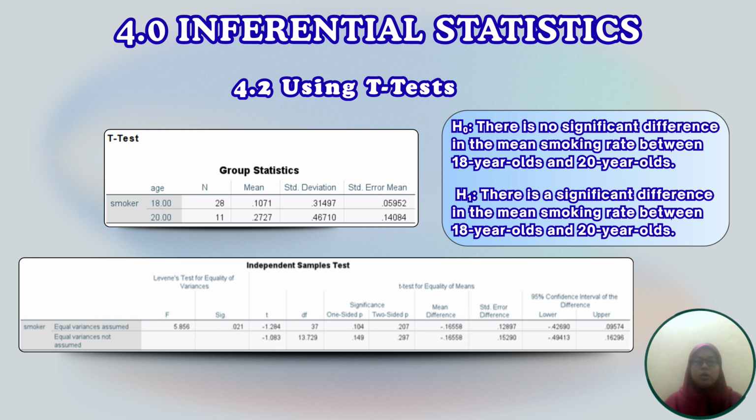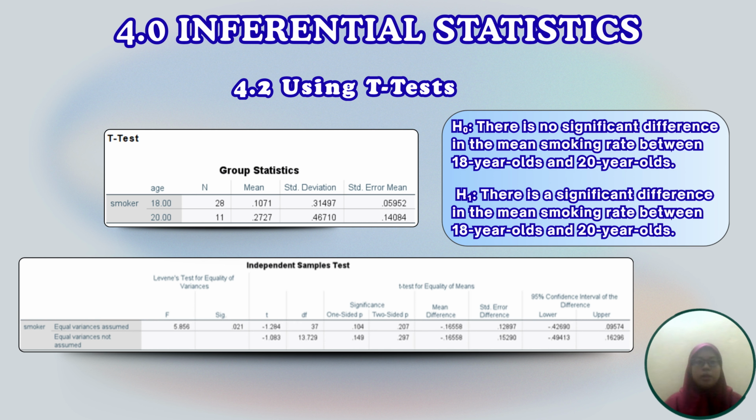When we look at the descriptive average, the mean proportion of smokers among 18 years old is 0.1071, while the 20 years old group records a noticeably higher mean of 0.2727.